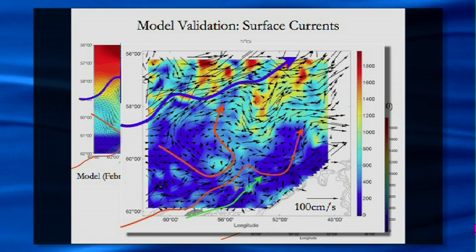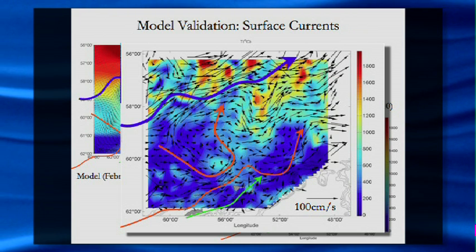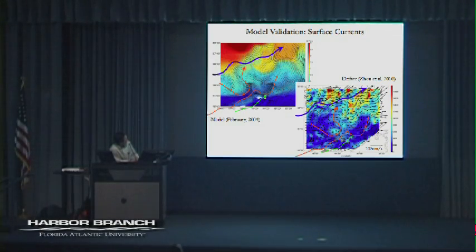Basically, you have some kind of float at the ocean surface, let it go for a long time, and you report their position back, and then you can calculate the current. The color here is kinetic energy. You don't have to look at the detail, but you get a sense that in general, the patterns look pretty similar.